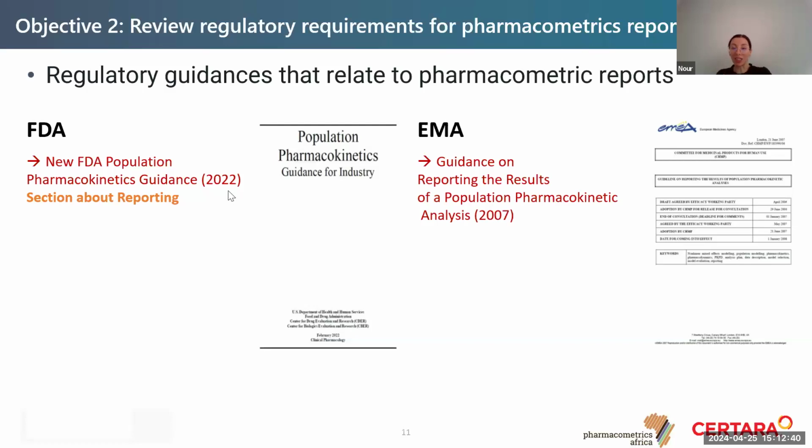However, the EMA guidance is all about reporting the results of a population pharmacokinetic analysis. The first one is the newest one from 2022, and the EMA one is from 2007.